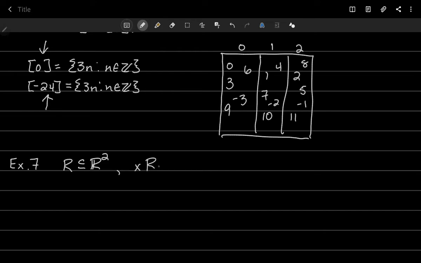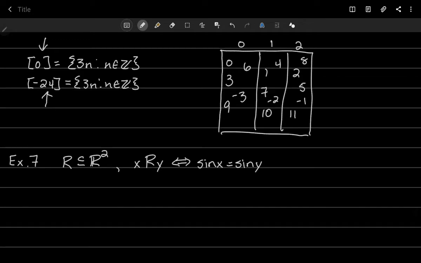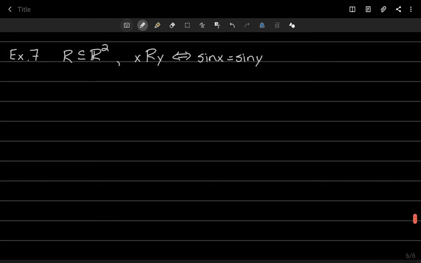We're going to say X is related to Y if and only if sine of X equals sine of Y. Okay, so let's think of an example pair that are related. So for example, we could say that sine of 0 is the same thing as sine of pi. So we would say that 0 is related to pi because they both output 0 when plugged into sine. That's what this relation means.